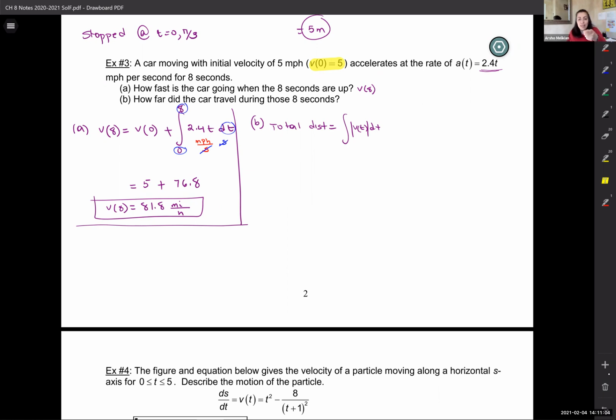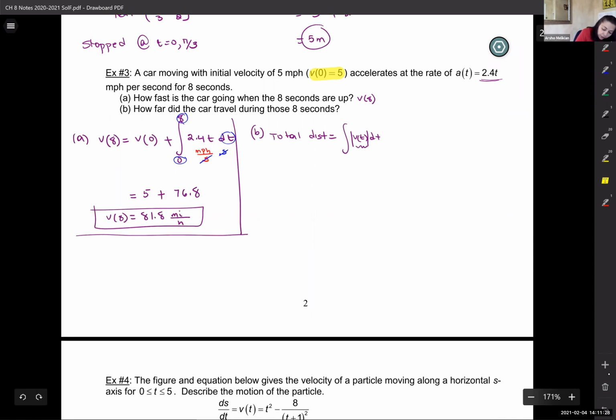We find an expression for v of t because we've got a of t. Do you remember how v prime is acceleration? That means you can go backwards. And the integral of acceleration is v of t. So let me color code this. I need to find an expression for v of t now.